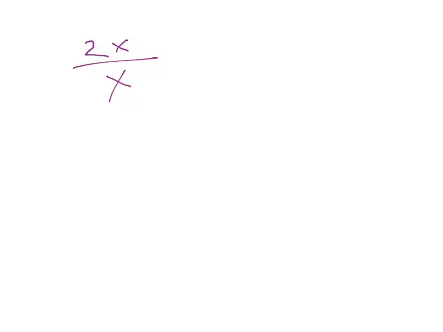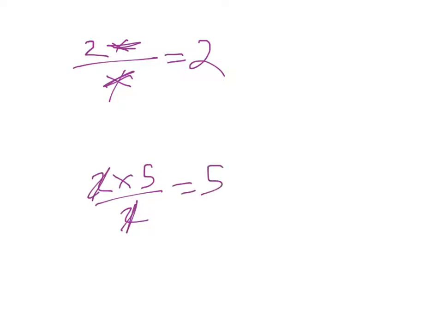When you have 2x divided by x, what is the answer to this problem? Well, what do the x's do to each other? The x's actually cancel out. And so this will end up being 2. Because if you ever have something on the top and the bottom, they cancel out. For example, what if we had 2 times 5 divided by 2? Well, notice how these cancel out, and we're left with 5.